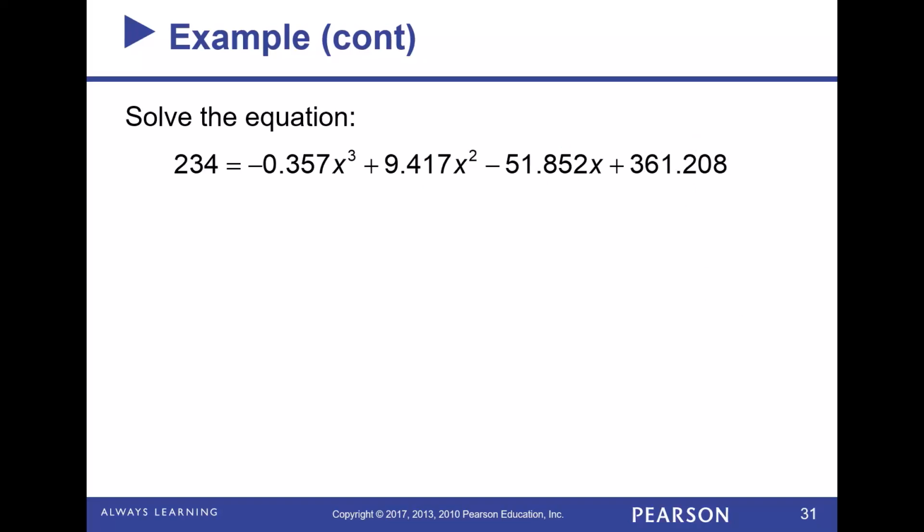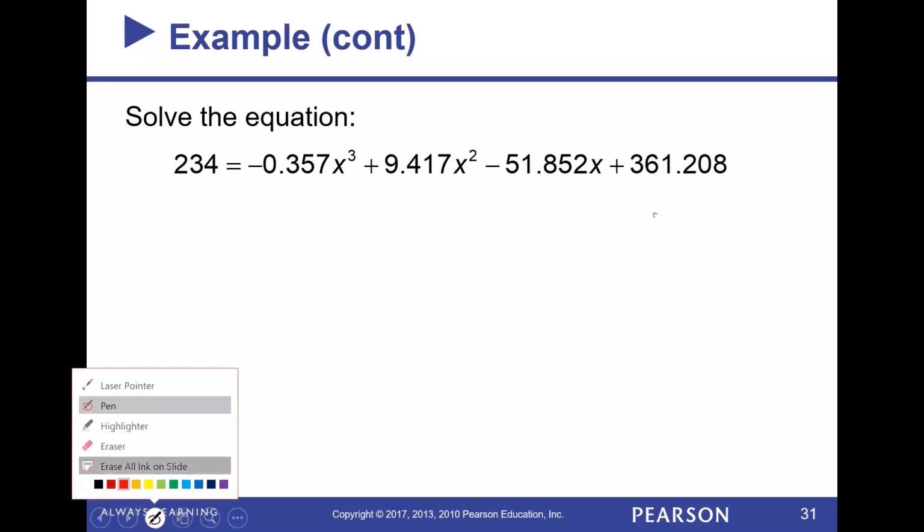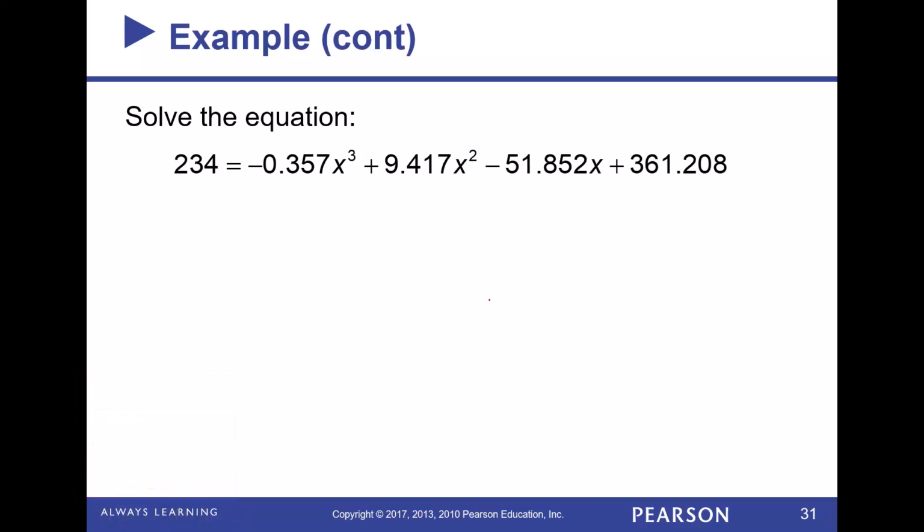So that means, let's see, can I use the root method? Well, no, I can't use a root method because I've got 1, 2, 3 terms that have X in it. So since I've got 3 terms that have X, the root method's not going to work. Okay, so what other method do I have? Well, I can't solve this really nicely because it's not quadratic, so I can't use the quadratic formula, and I can't really do the root method because it doesn't meet the requirement of what the root method looks like.